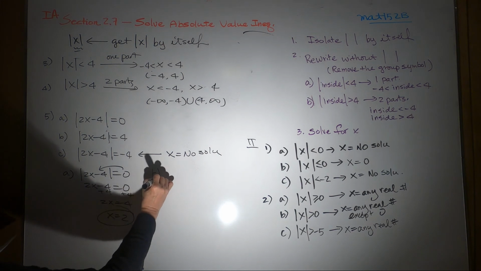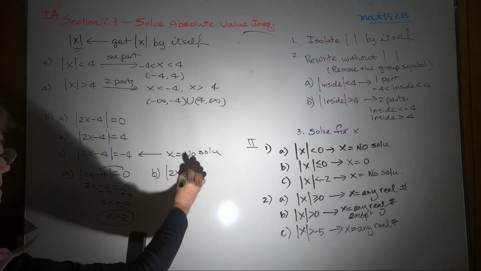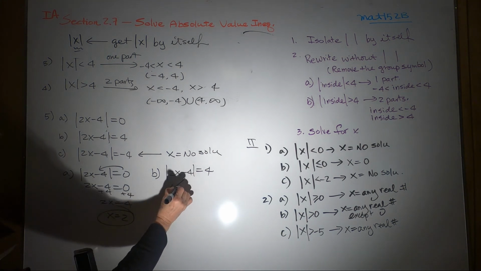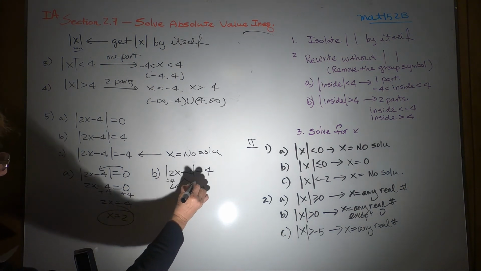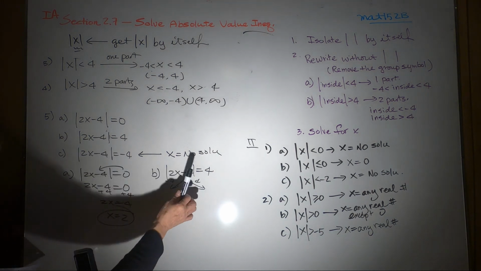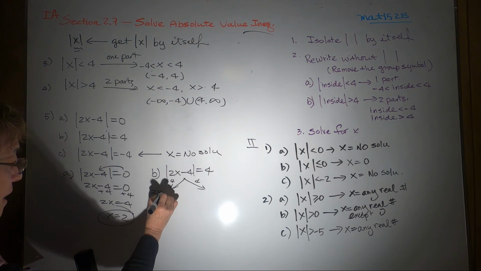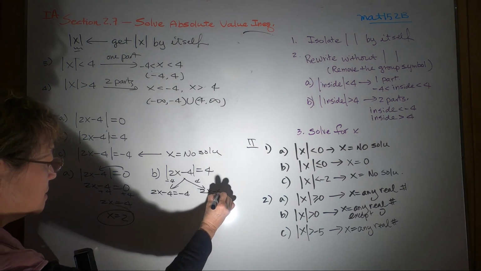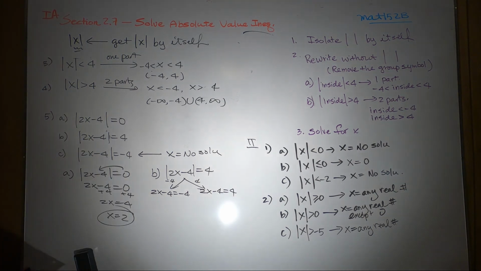Then for this one, if 2x minus 4 is 4, then we say you have what? The group has to be either positive side or negative side, but it's equal, so you have to write separately equals -4 or 4, right?